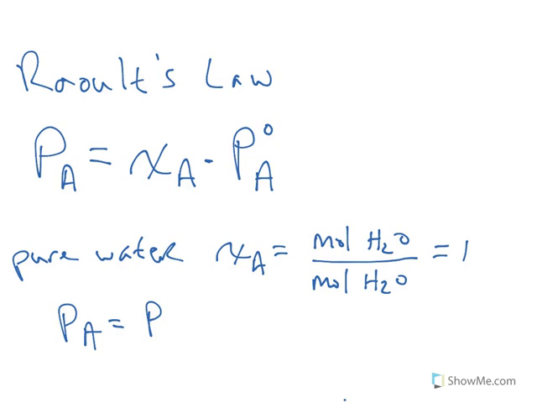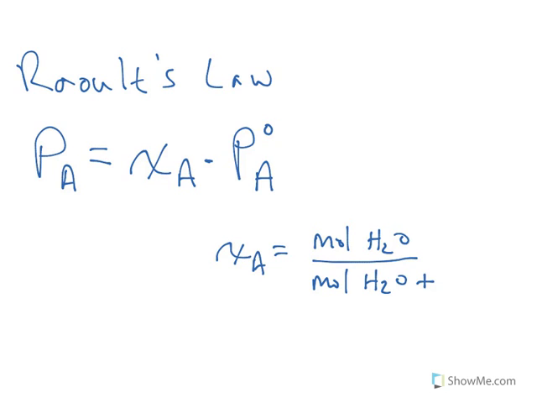So let's back up a little bit. I'm going to erase this. This is no longer pure water. You've put something in it, a non-volatile solute. So let's say we've got moles of solute. Now what happens to our chi A? Chi A will now be less than 1.